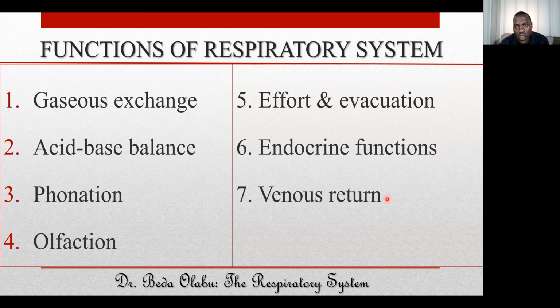Another key role of the respiratory system, maybe not the lungs per se, but the chest wall in general, through the action of ventilation, is that as we breathe in and out, we promote venous return. When the chest wall expands, the pressure within the chest goes down.